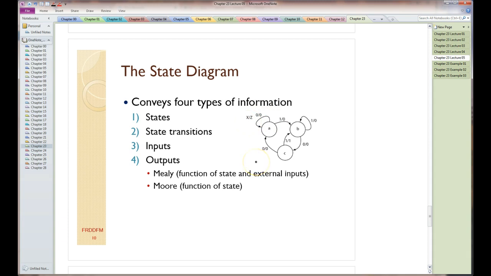The outputs can be either Mealy or Moore type. Moore type outputs go in the state bubble. The Mealy type outputs are listed next to the external inputs, which are listed next to the transition arrow. So four types of information: states, transitions, inputs, and outputs.